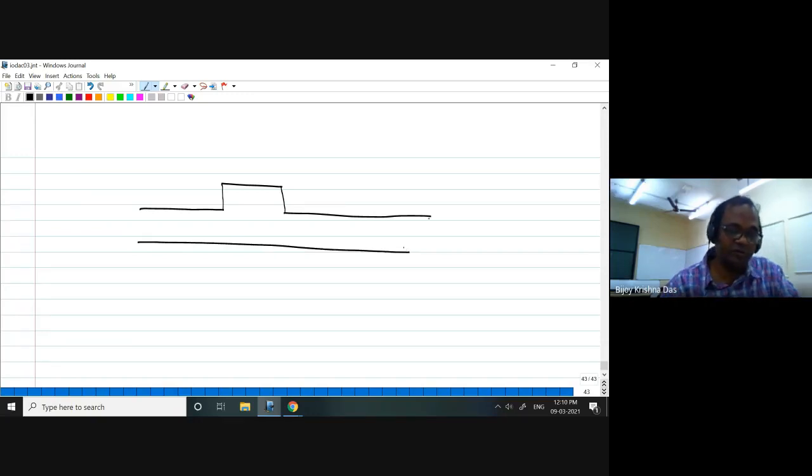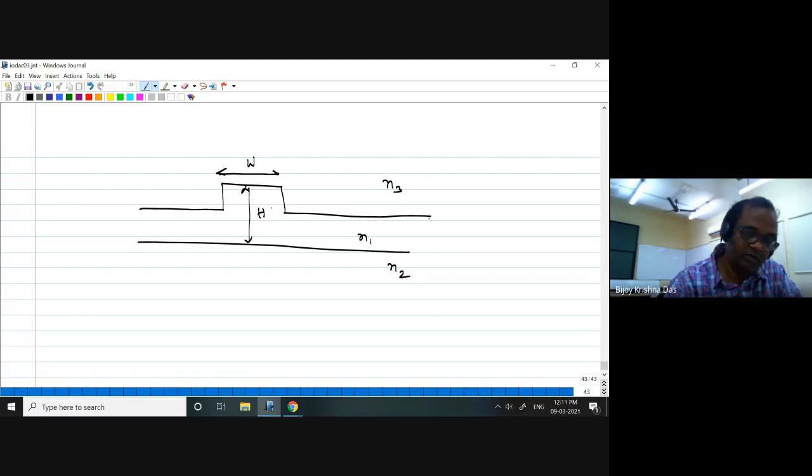So this is your waveguide dimension, and here you can have N2, and here it can have N3, and this region will have N1 refractive index. And as I said, this is your W, as I can write here, and this is your H, and this is your small h, the slab height.